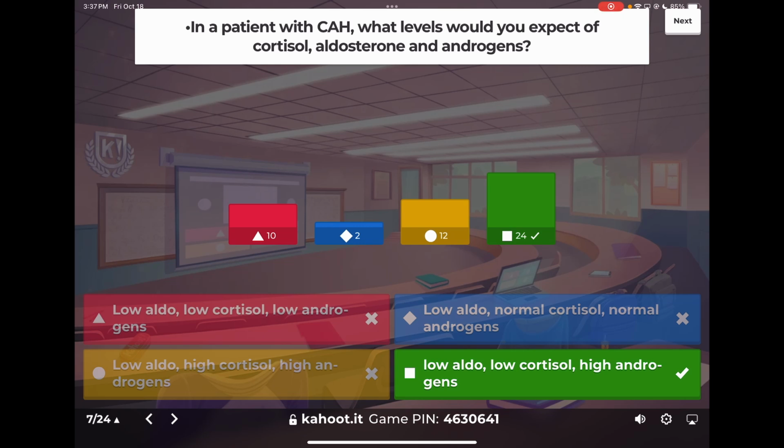They're not making aldosterone, they're not making cortisol, so those both have to be low. Now we're left with the androgens. What happens to all the byproducts if we can't make cortisol, we can't make aldosterone? All of those byproducts, all those ingredients, all get made into androgens. So you have high amounts of androgens. That's why you get male secondary sex characteristics in females, because of the extra androgens that are being developed from this issue. Hirsutism, deepening of the voice, so forth.